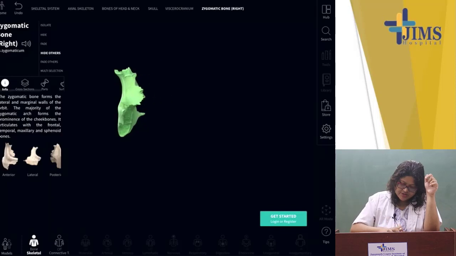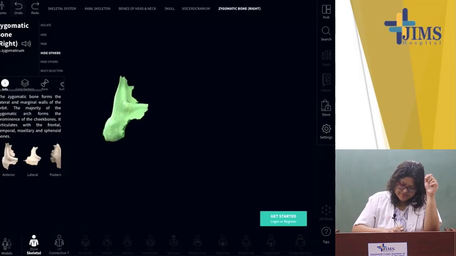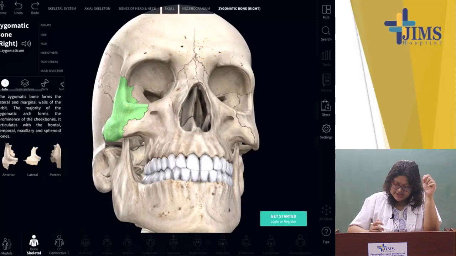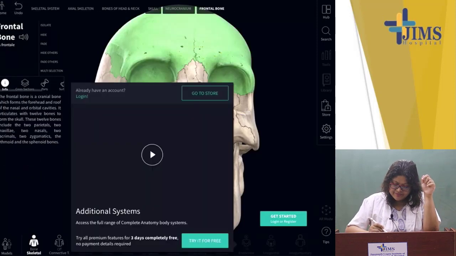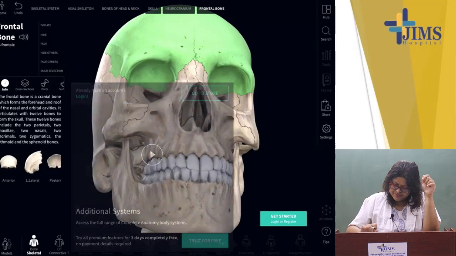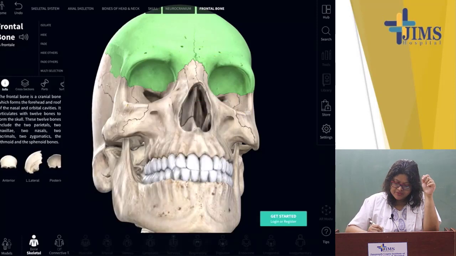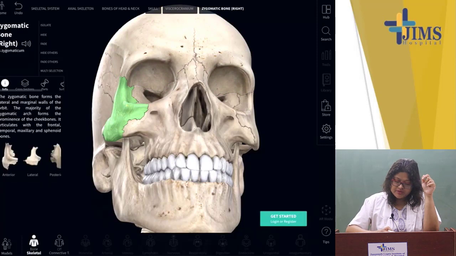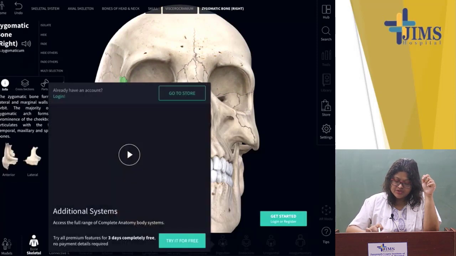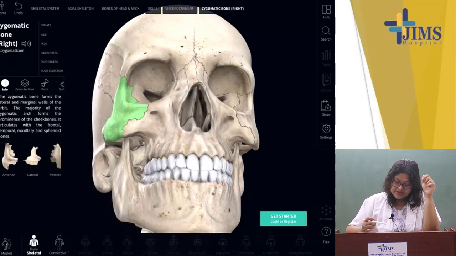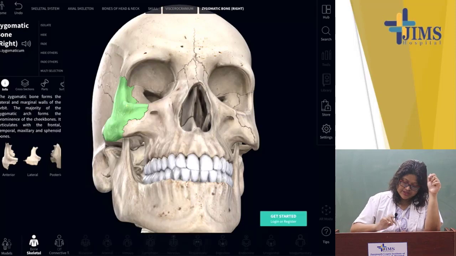If we undo this, you can see this is the frontal bone and this is the zygomatic bone. On the junction of these two is the lacrimal fossa.